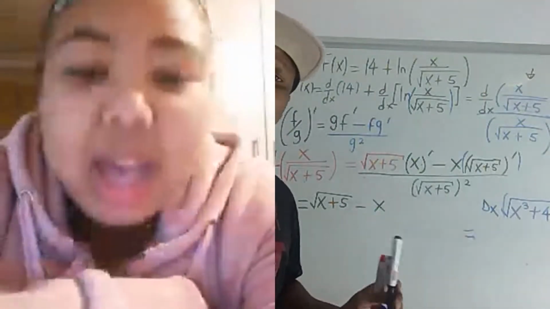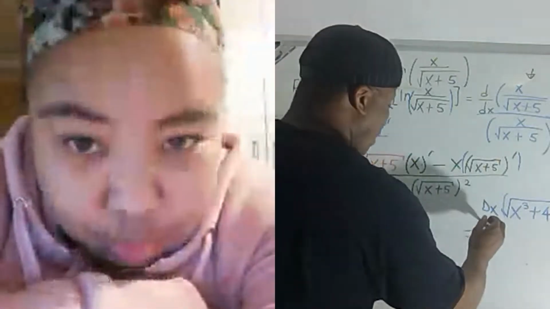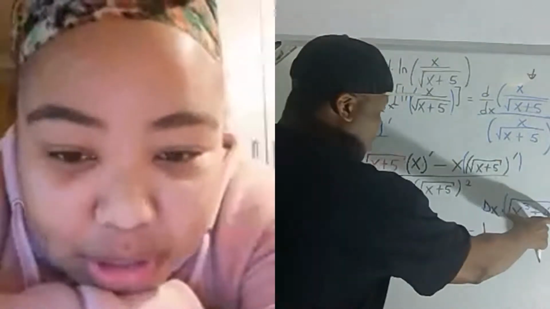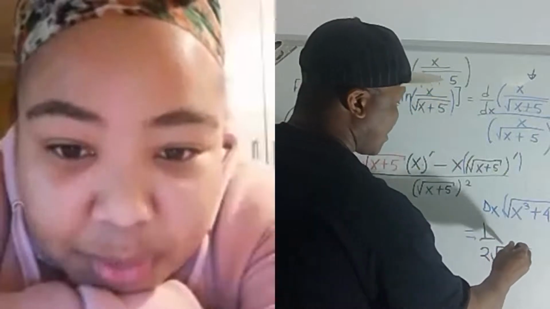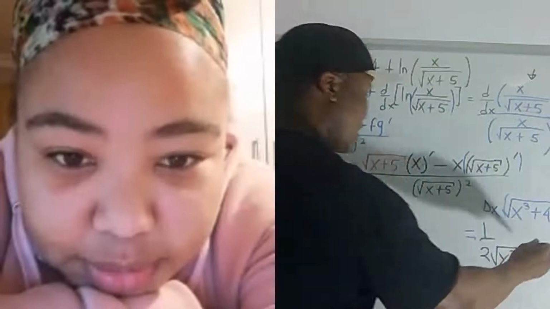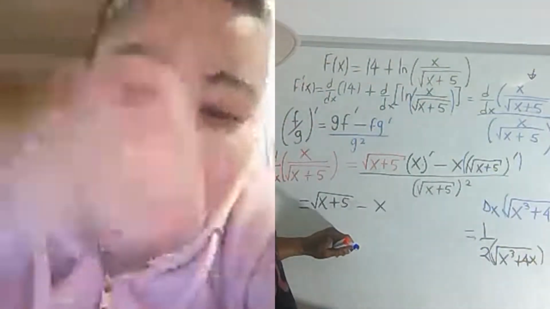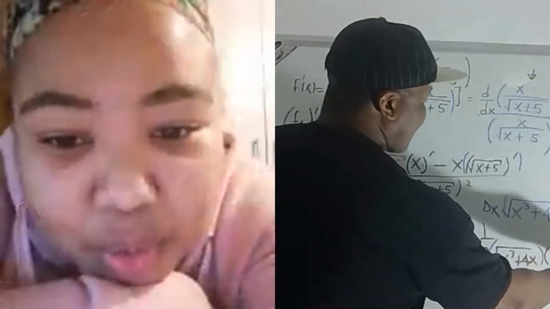Same tactic. 1/2, 1/2, and then open your square roots. You write exactly. And then you're going to have 3x squared plus 4. I already gave you the answer, sorry. And then after that, it's going to be 1/2.